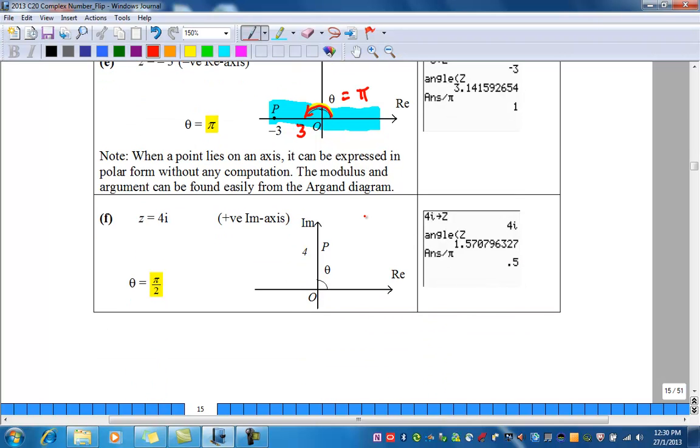F. 4i. It is 4 units on the imaginary axis, and the angle that it makes with the positive real axis is theta. Therefore, theta will be equal to pi over 2.